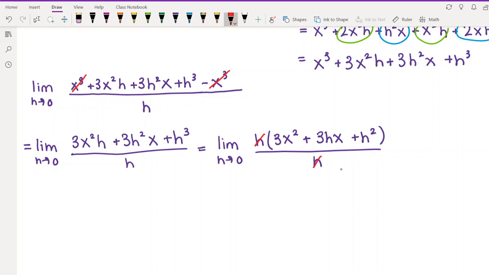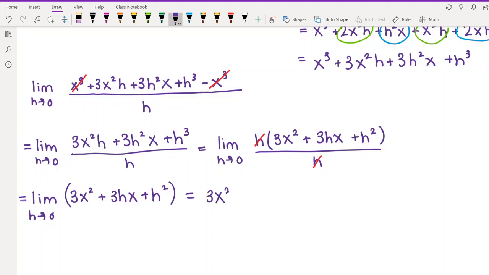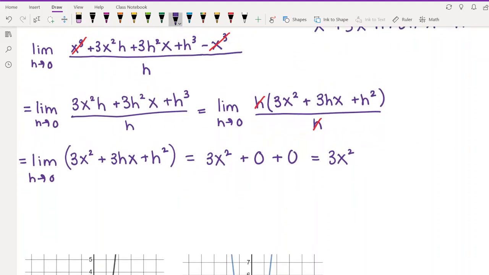Cancel out the h's, and now we're going to be left with something that we can actually plug the 0 into, because now we'll just have 3x squared plus 3hx plus h squared. And now we can plug in 0 for h, and basically what will happen is that we'll get 3x squared plus 0, which is equal to 3x squared. So basically what we just figured out is that the derivative function of f of x equals x cubed is 3x squared.